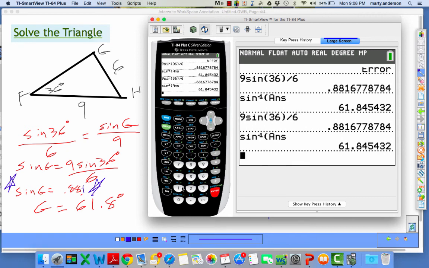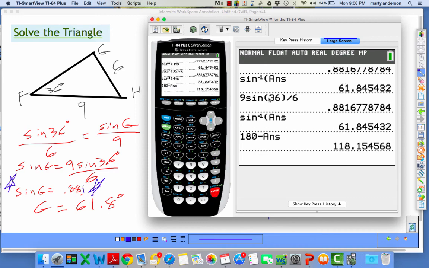And I get that thing. And remember, that's the quadrant 1 angle. And every sine has a mirror image in quadrant 2 that also fits in a triangle. And it's 118.15.